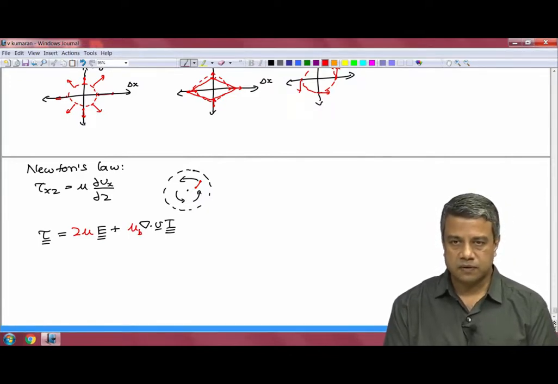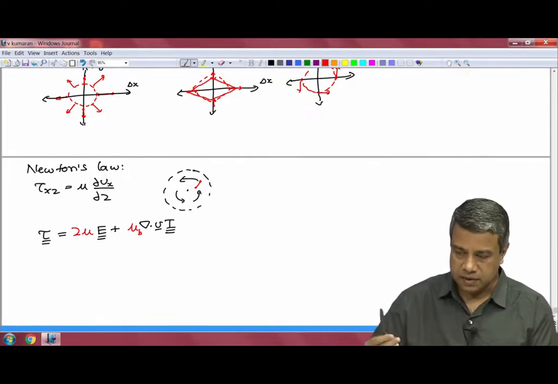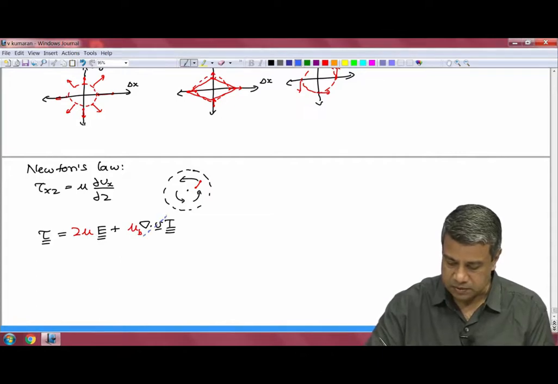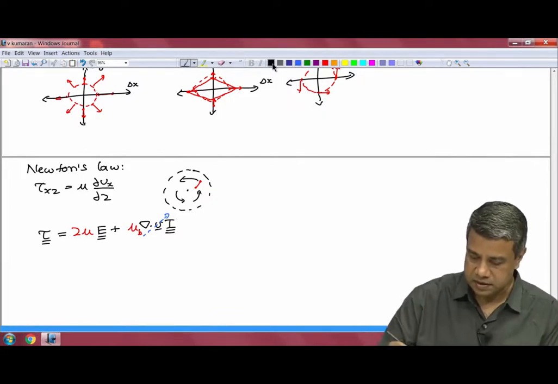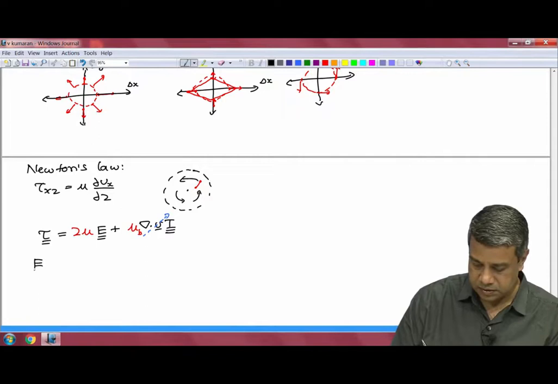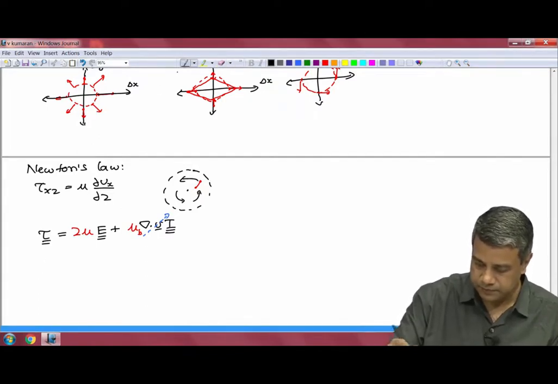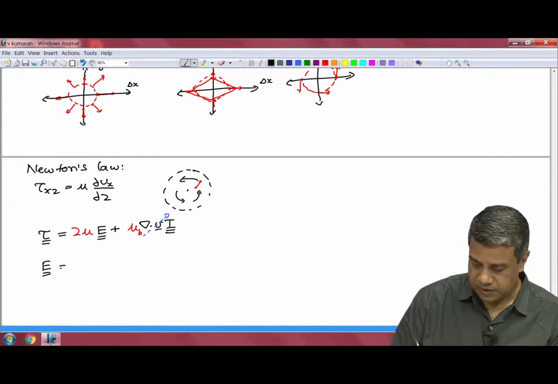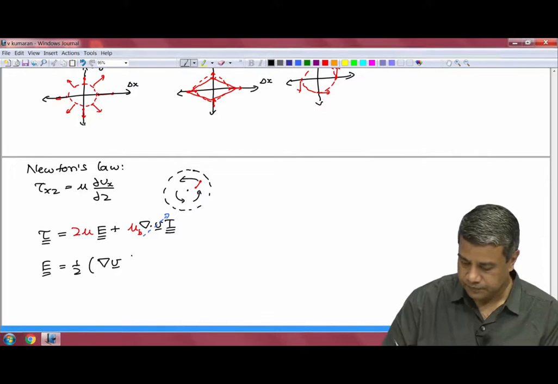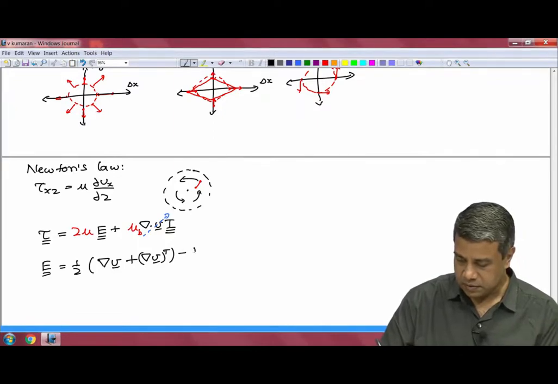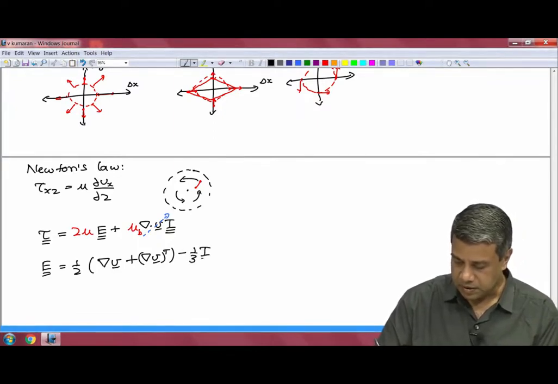For an incompressible flow, this isotropic part is equal to 0. For an incompressible flow, the symmetric traceless part, recall, is half of the gradient of the velocity plus its transpose, minus 1/3 times the isotropic tensor times the divergence of the velocity.